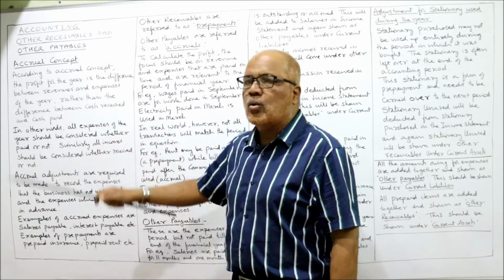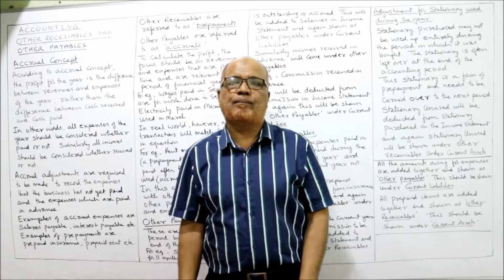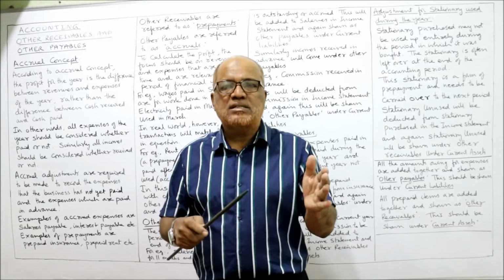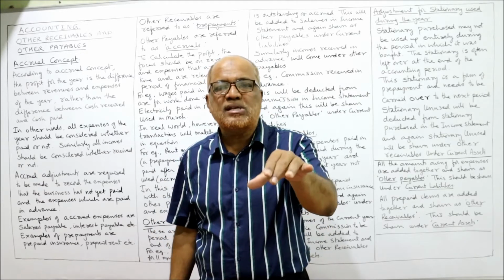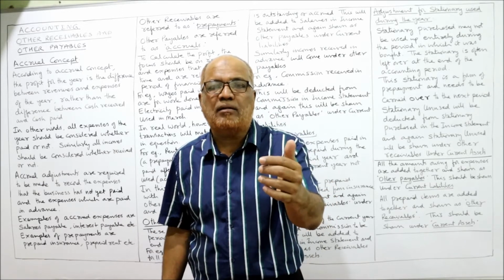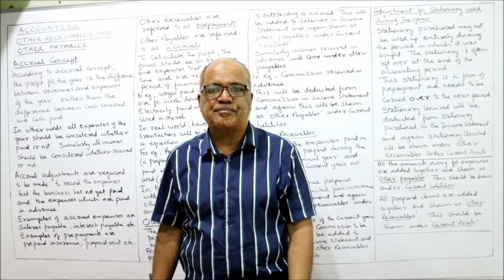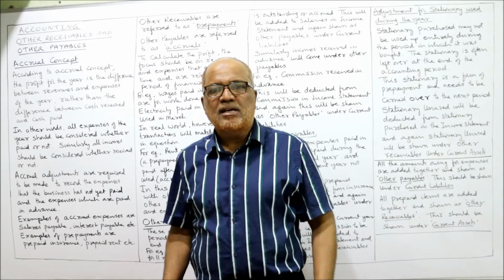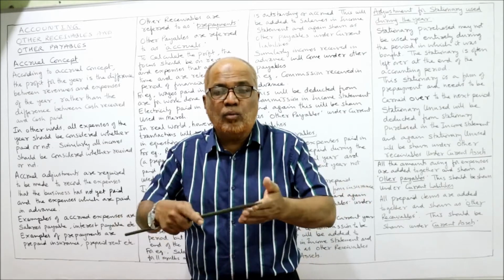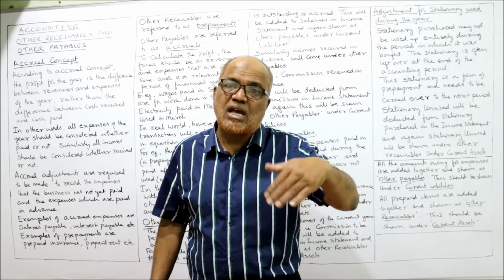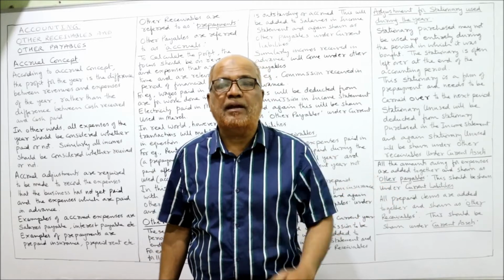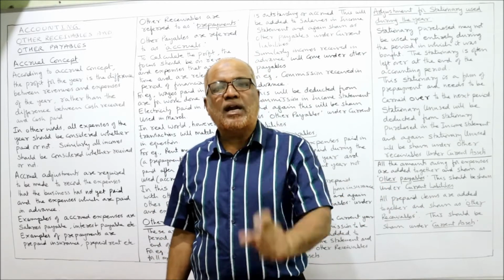So what is this accrual adjustment required? The accrual adjustments are required for those expenses which are not yet paid and those expenses which are paid in advance. Some expenses are not paid during the accounting year. That means expenses are incurred but not paid. These are called outstanding expenses.